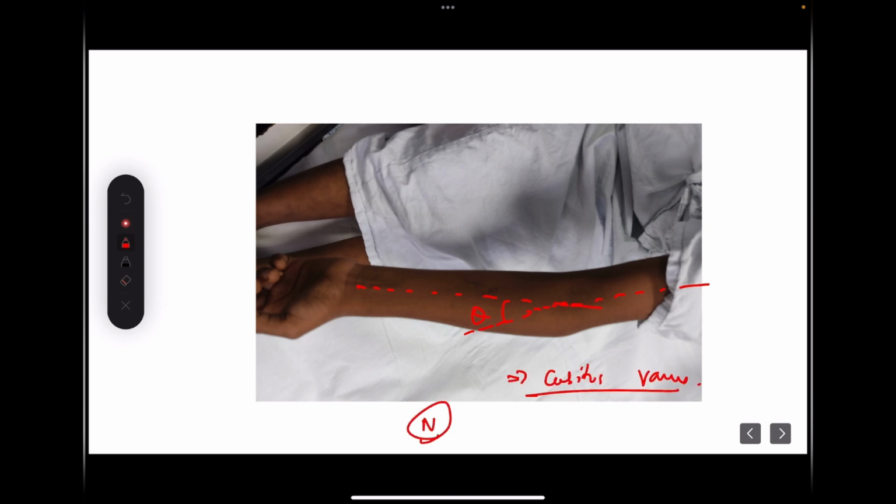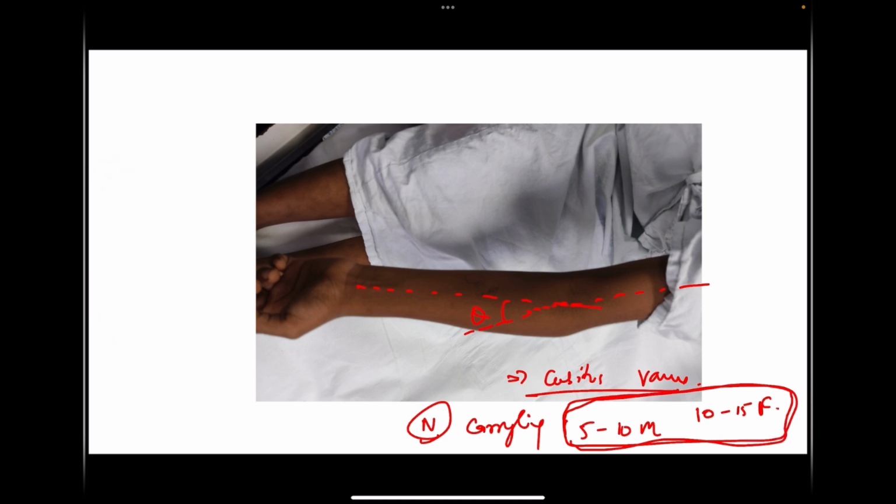If the opposite side has a normal carrying angle, that is 5 to 10 for males and 10 to 15 for females, and the affected side is beyond this normal limit, whether it is cubitus varus or valgus, we should always quote it as a deformity. This child had a normal carrying angle on the opposite side, and on the affected side he had cubitus varus deformity. So on look, we first saw what the deformity is, whether cubitus varus or cubitus valgus.